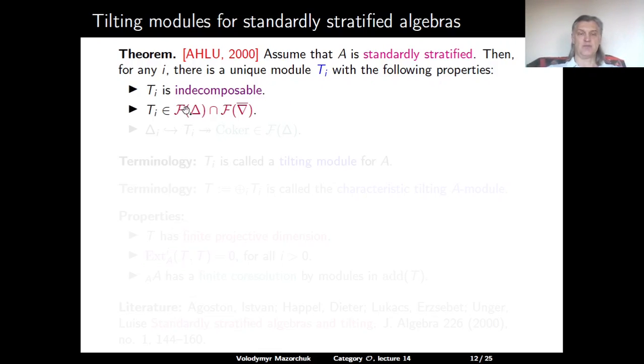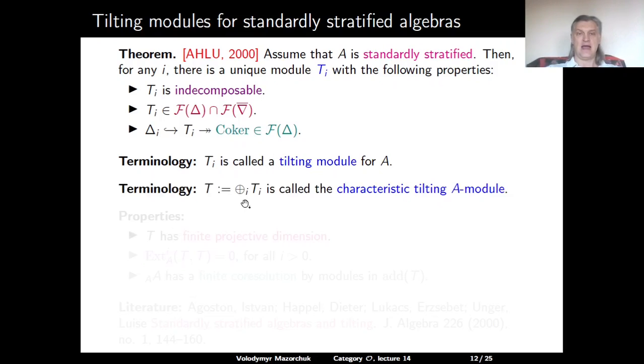T_i has both a standard filtration and a proper costandard filtration, and the standard module delta_i is a submodule of T_i such that the cokernel of this inclusion has a delta filtration. So the module T_i is usually called a tilting module for A, and the direct sum of all T_i's is usually called the characteristic tilting module for A.